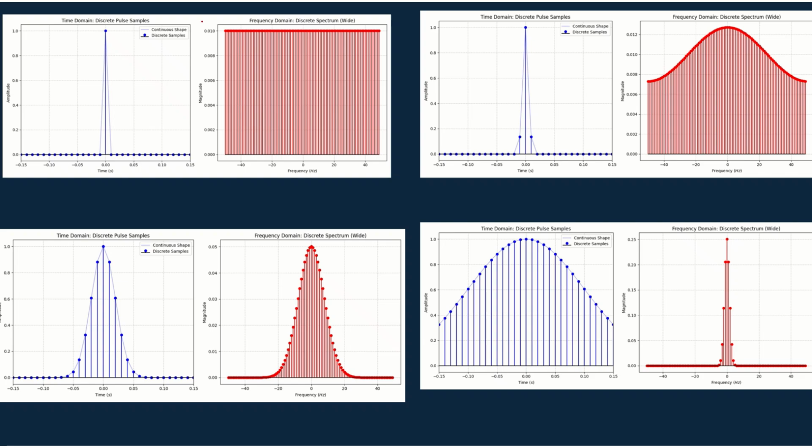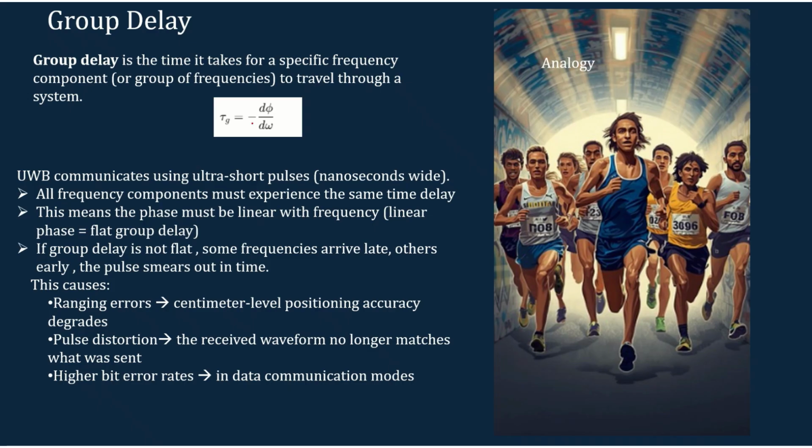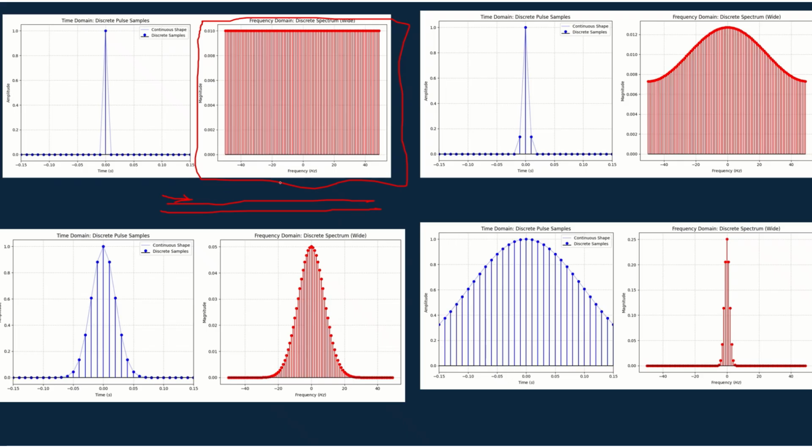So let's consider this scenario. If these frequencies are transmitted through a transmission line, the group delay is defined as the time taken for a specific frequency to travel through a system. This means that all the frequencies have to obey the same delay.